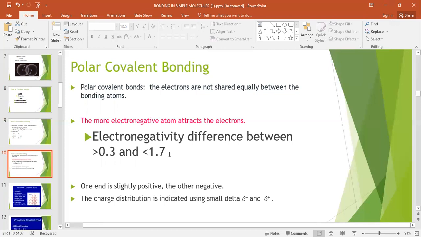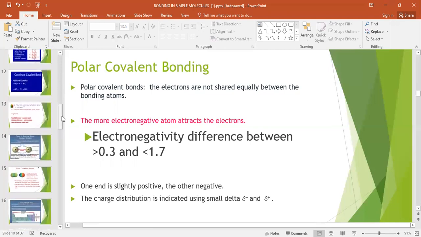Any question please? Come here, I am going to explain the electronegativity.